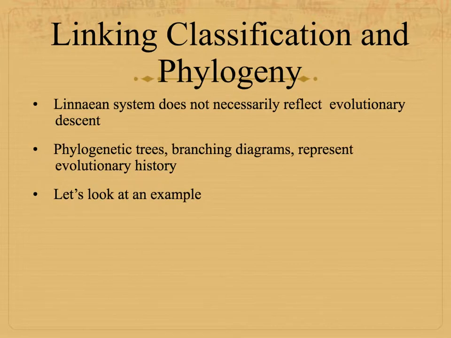Sometimes through Linnaeus's system, we'll get an organism that's classified incorrectly because we've uncovered new DNA evidence. That doesn't always happen. Most of the time, he was spot on. Most of the organisms fit where Linnaeus had them. But occasionally, when we uncover DNA evidence, we'll find an organism doesn't fit where we had it before.